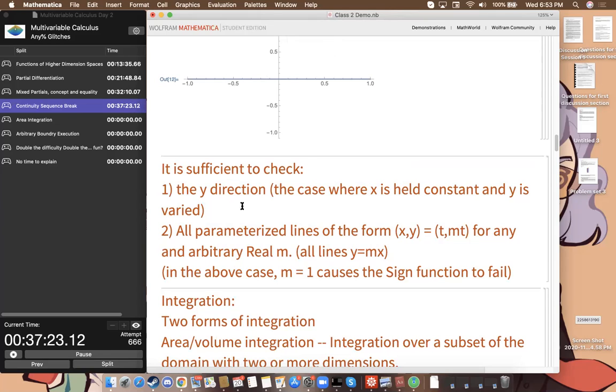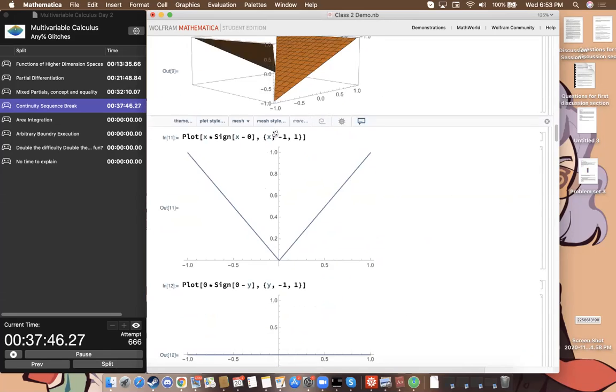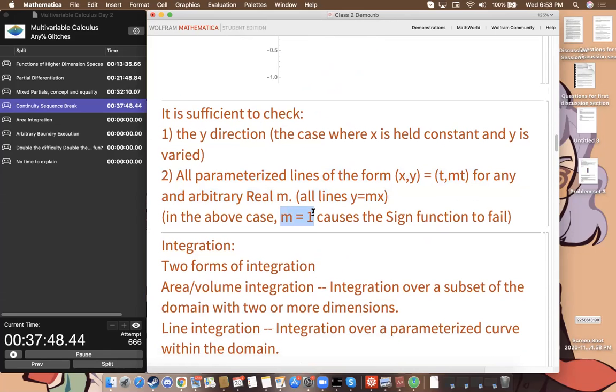So that's why we need to consider the y variation separate from all other possible variations. And then we can just put all the other variations in by writing y equals mx and using that with x to determine continuity.